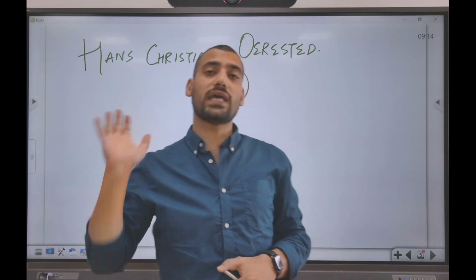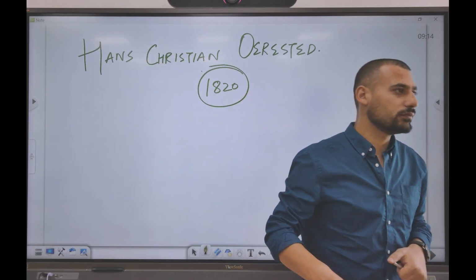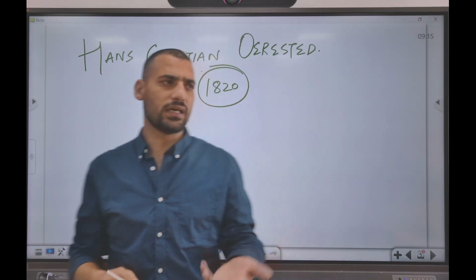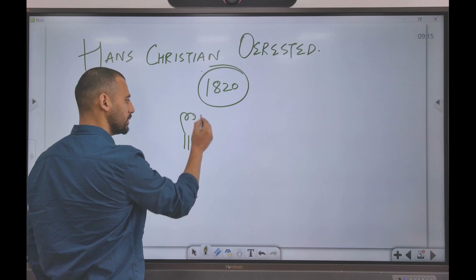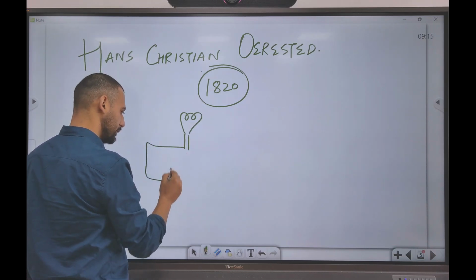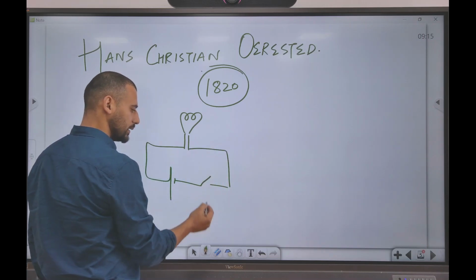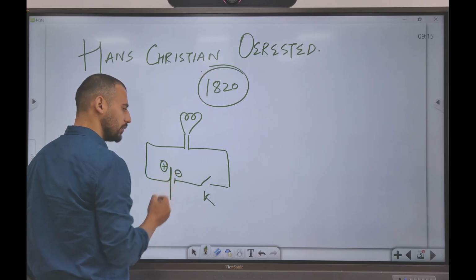This guy used to carry a magnetic needle in the pocket of his coat, and while performing experiments with electrical circuits, so there was an electrical circuit, for example this, it has a battery, it has a key, and was something like this. The positive terminal of the battery, the negative terminal of the battery, and this bulb.